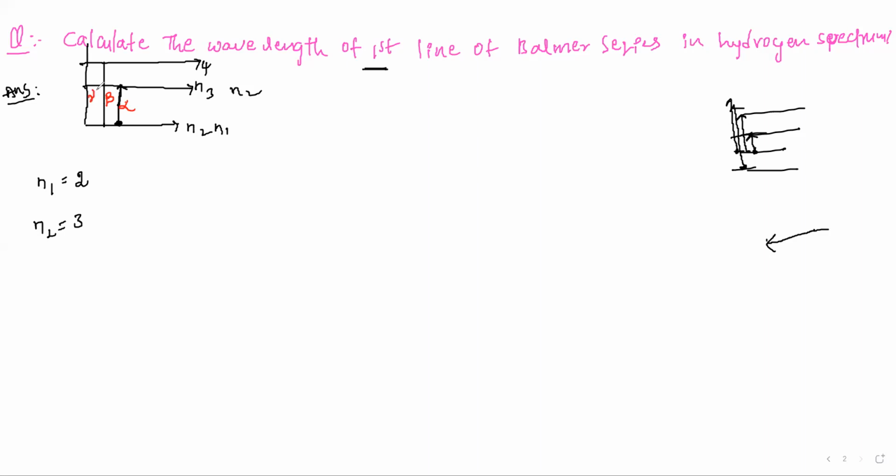Sometimes in questions they may ask for the alpha line, beta line, or gamma line of the Balmer series. Alpha line is the first line, beta line is the second line, and gamma line is the 3rd line.